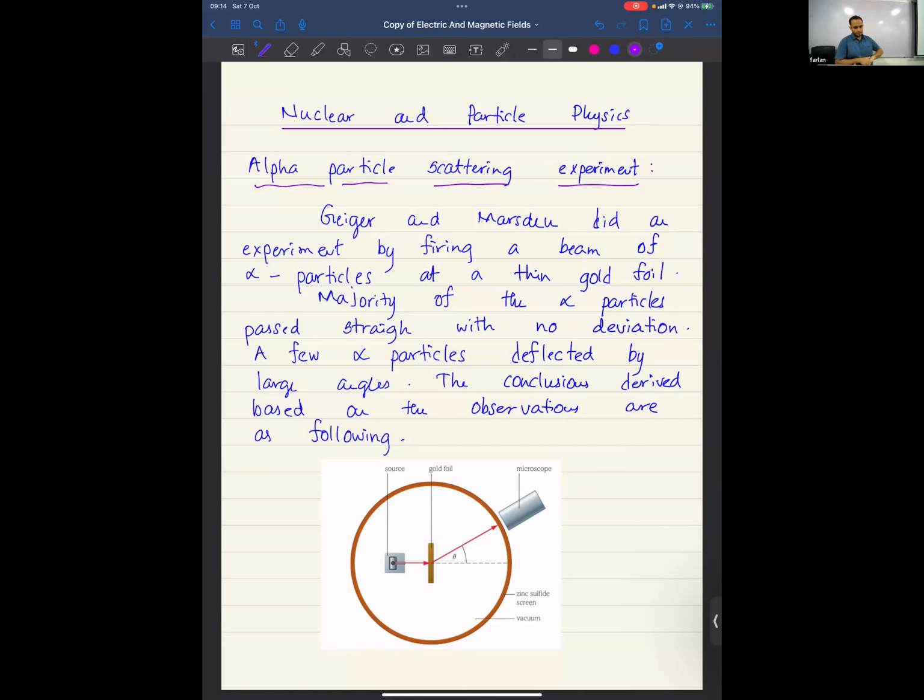Full stop. The conclusions derived based on the observations are as follows.